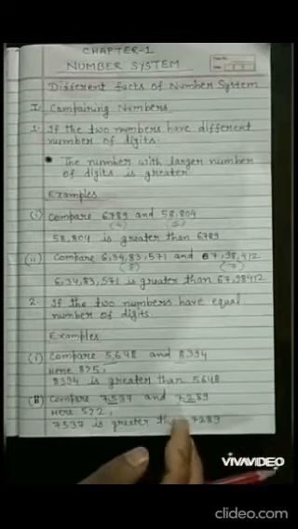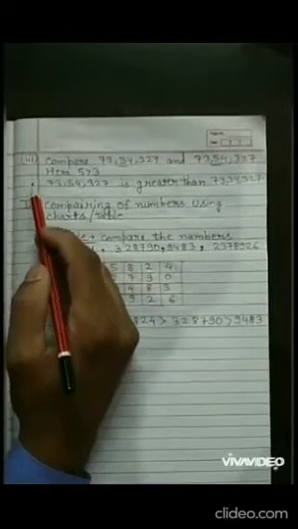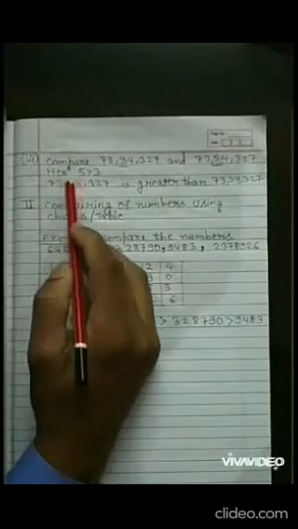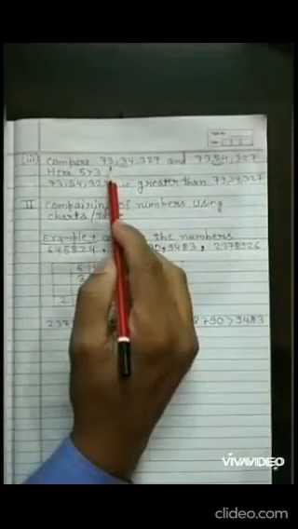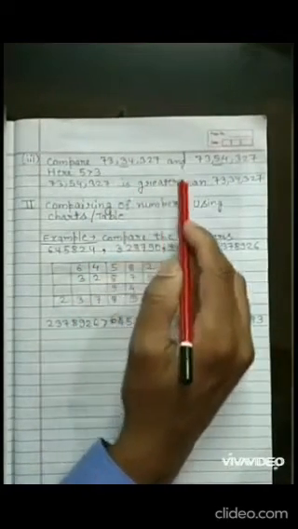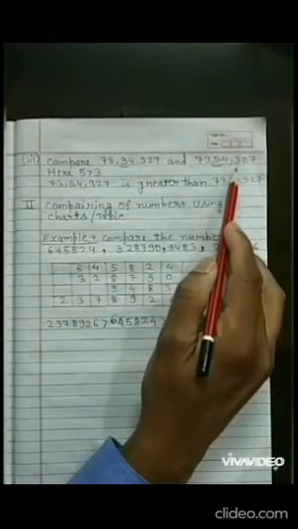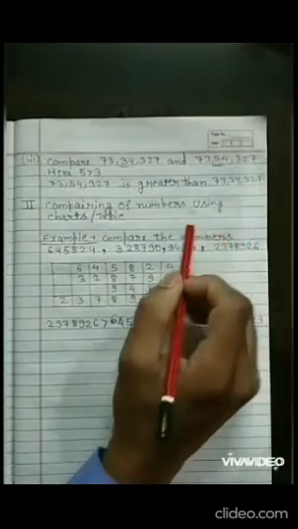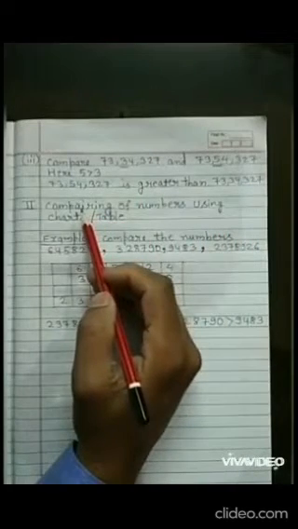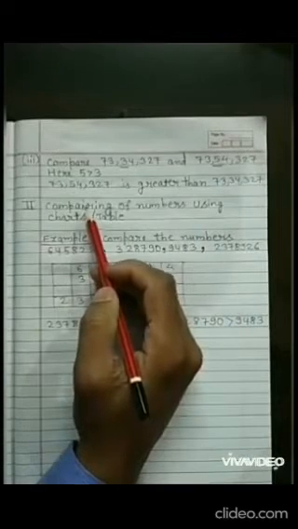Okay. Now the third example. Third example is compare 73,34,327 and 73,54,327. Again we are going to follow the same process.